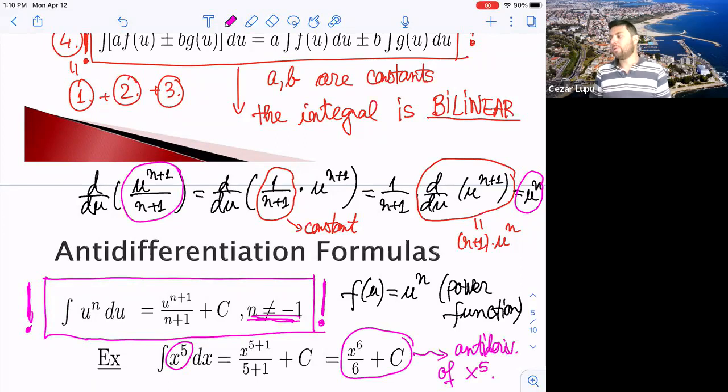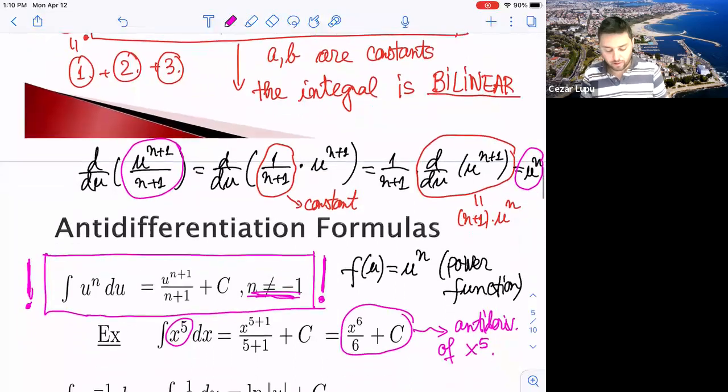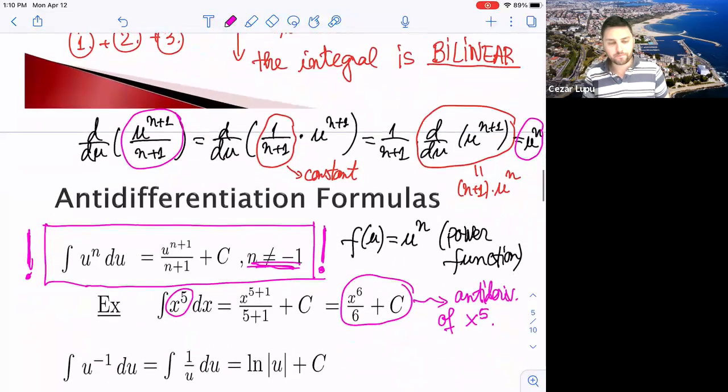All right, and now I told you that we would like to exclude the case when n is -1 because that will be a special situation, and I would like to address that right now. So look at this. In other words, what happens when n is -1?